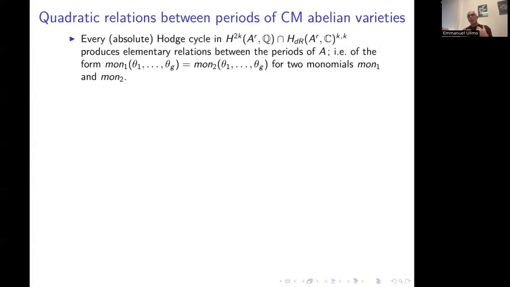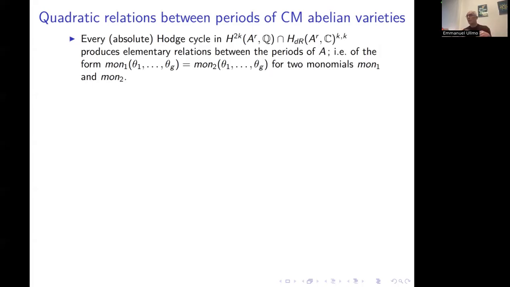But in fact, when you do abelian varieties, by Deligne's result, any Hodge cycle is absolute. And in fact, the Hodge cycles are providing relations between periods. So in the case of CM abelian varieties, all the relations provided by Hodge cycles are elementary, in the sense that they are just, up to multiplication by an element in Q bar star, the equality between two monomials in the periods.